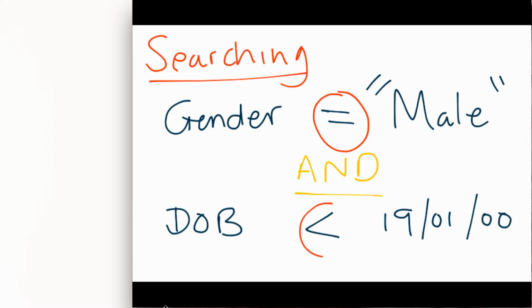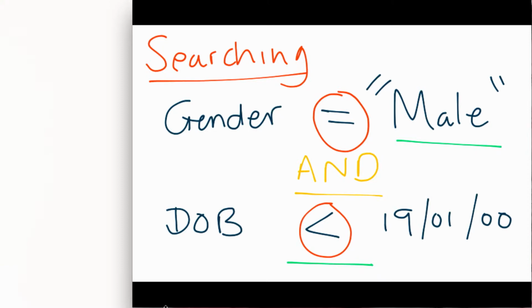Again, this is another operator, it's less than. So this would find all the students that are male and born before 19th of the 1st, 2000.